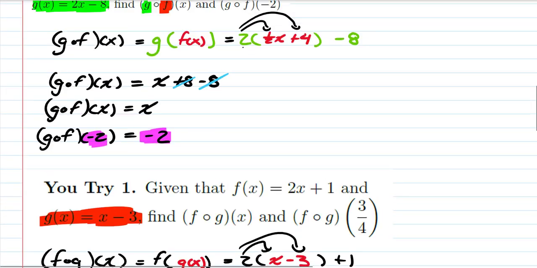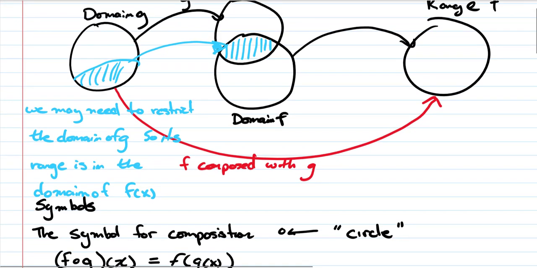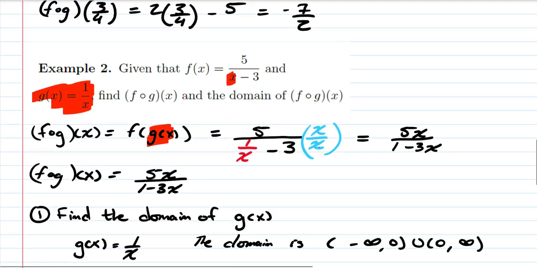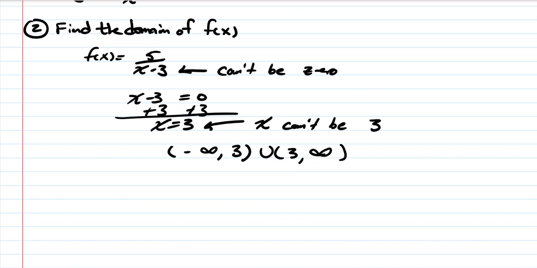So remember, from our diagram, we may need to exclude or restrict the domain of g so that its range is in the domain of f. We just found a value in the domain of f that x can't be. So in our example, we know that x can't be 3. So that means we need to find anything in the domain of g that has output 3. So to resolve this, we are going to do the following.